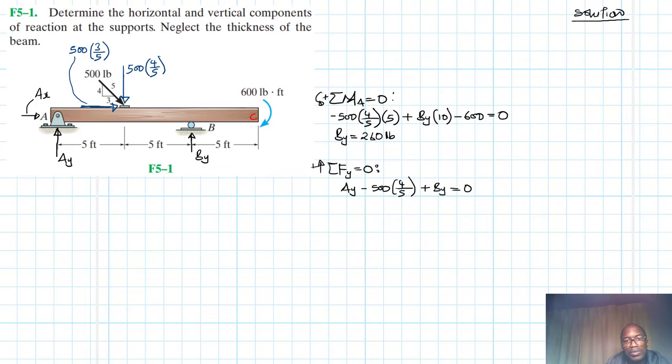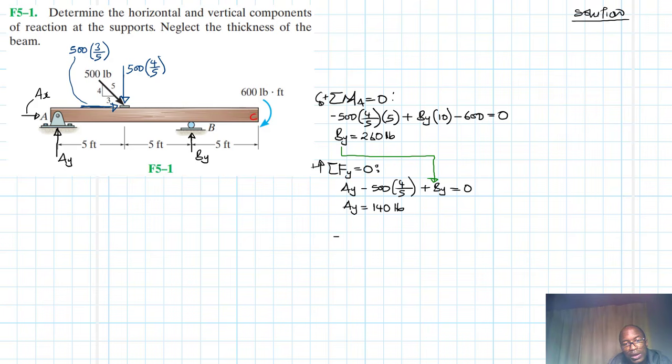We've already found what BY is. So we have minus 500 times 4 divided by 5 plus 260. Therefore, our AY is just going to be equal to 140 pounds. So let me just check.